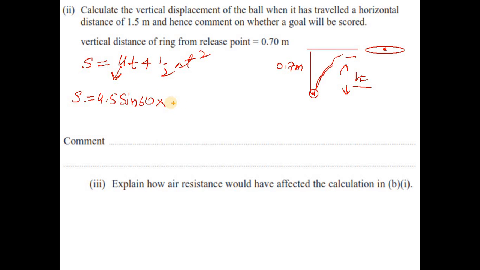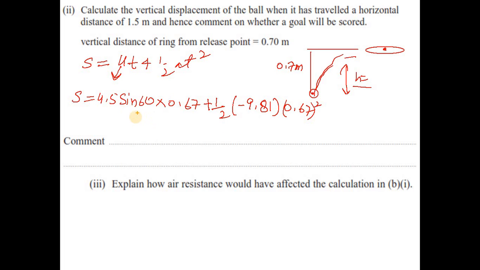Time we have already found, 0.67, plus half, and the value of a, acceleration, is minus 9.81 because the ball is going up, and then t square, 0.67 whole square.